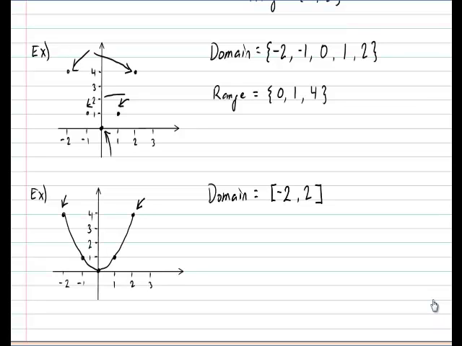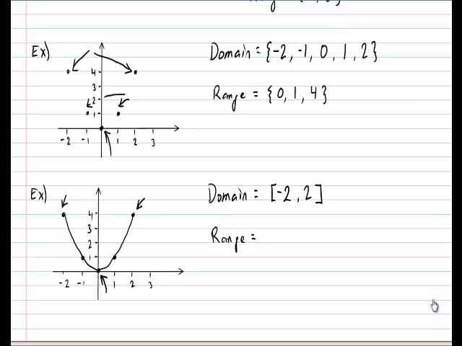Now let's look at the y values. Again, if you take a look at the y values, the lowest point that it starts at is y equals 0. And it goes continuously all the way up to the highest point, which stops at y equals 4.